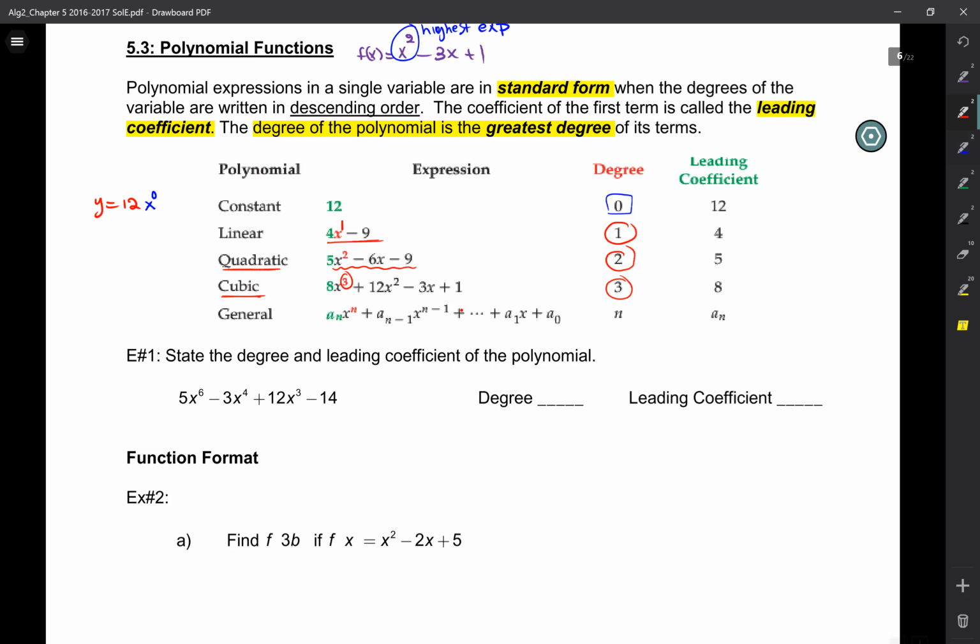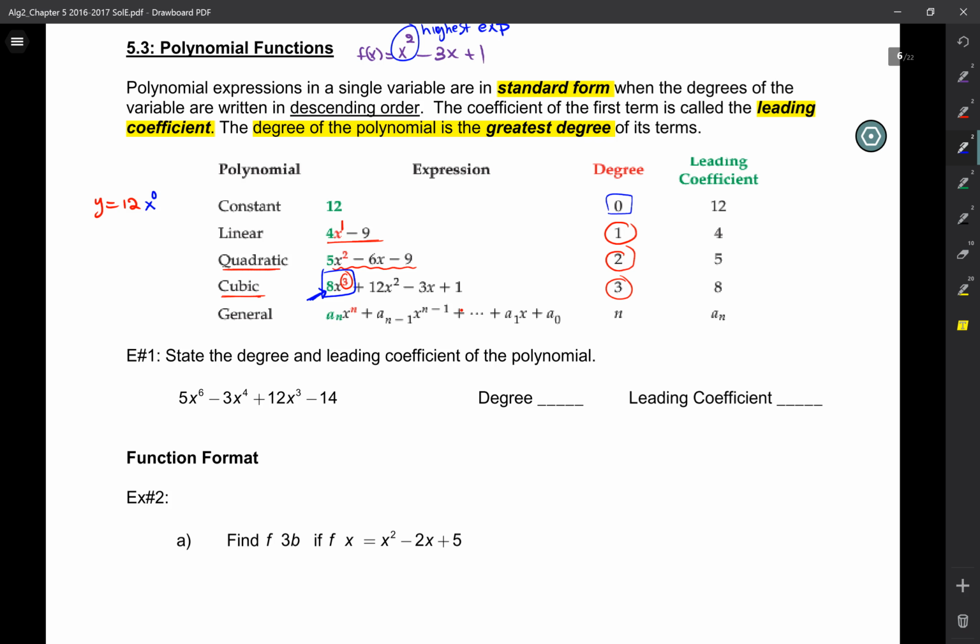Now, the term that carries that highest exponent is the leading term. So this is the leading term, and that coefficient out front is called the leading coefficient. So in the case of the cubic one, what is the leading coefficient? 8.